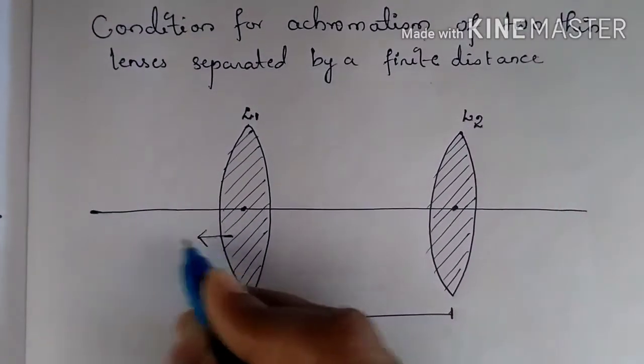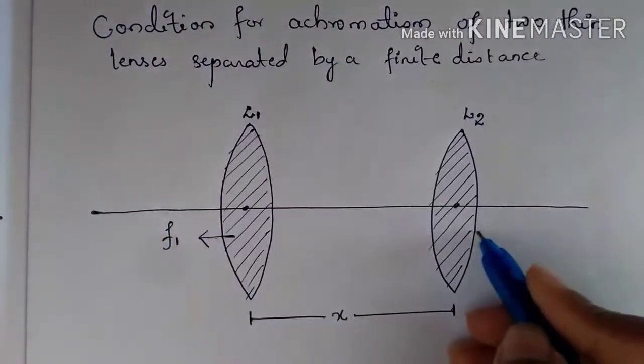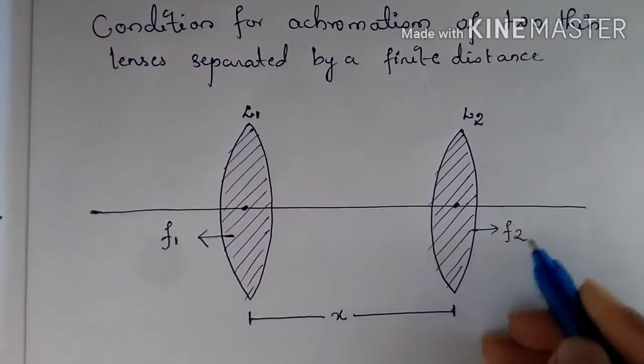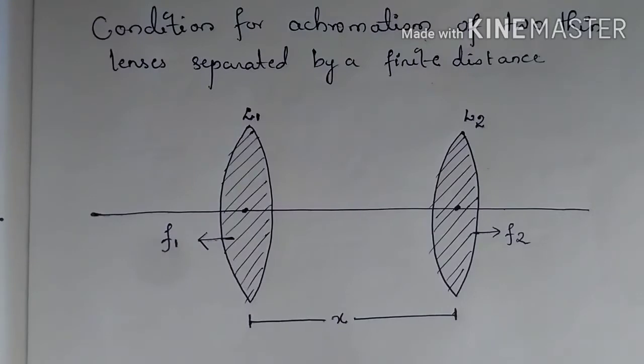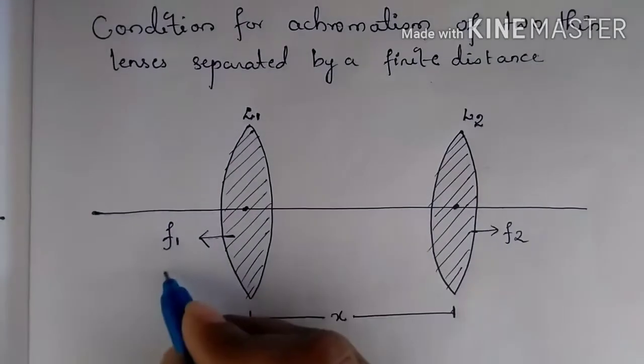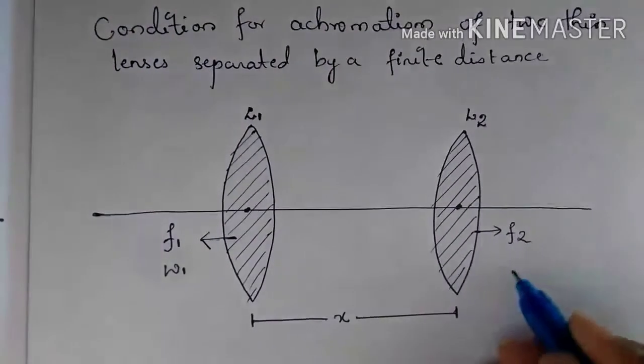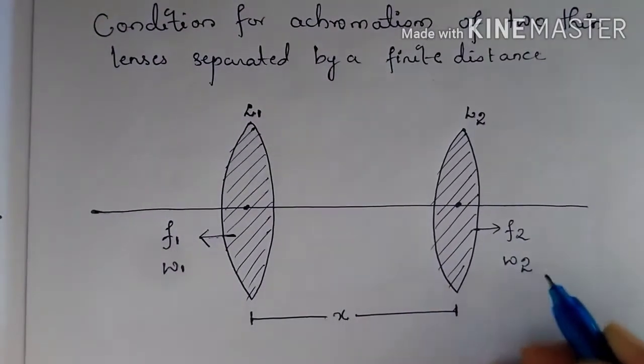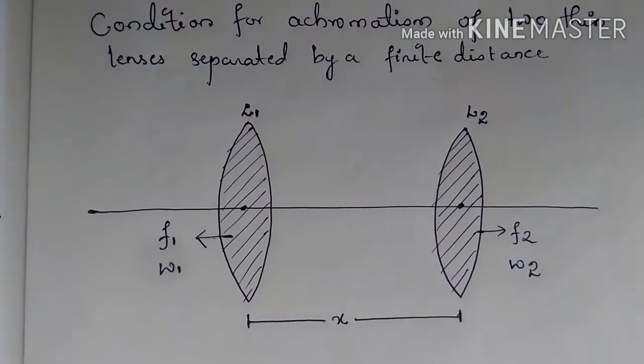So for this the focal length is F1 and for this the focal length is F2. And omega 1 and omega 2 are the dispersive powers of the two lenses. This is the given data.